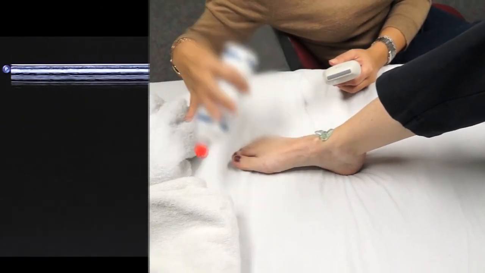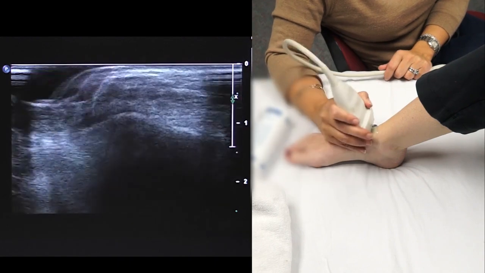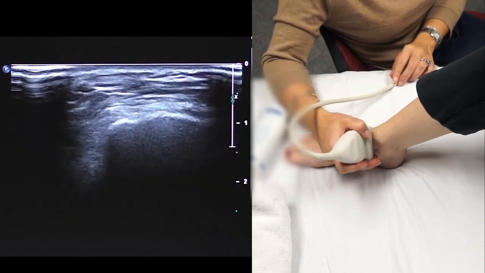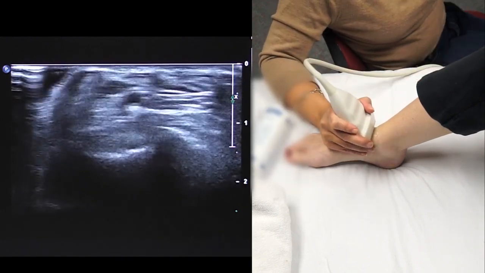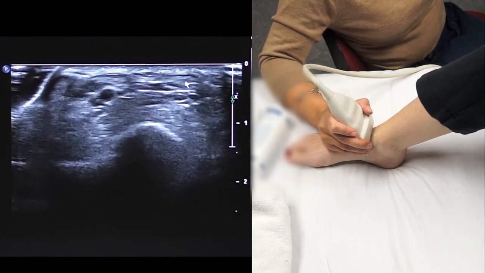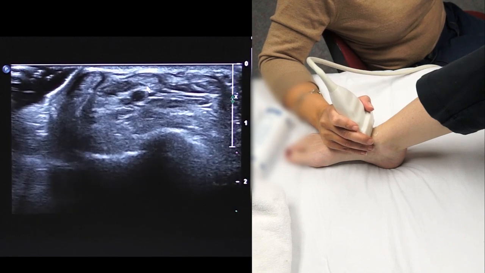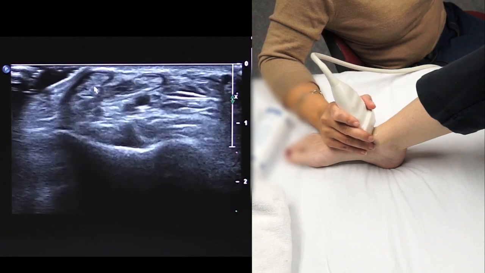Now there are 3 tendons that you look for in the anterior ankle. We are looking for, from medial to lateral, the anterior tibialis tendon, extensor hallucis tendon, and the extensor digitorum longus tendon.